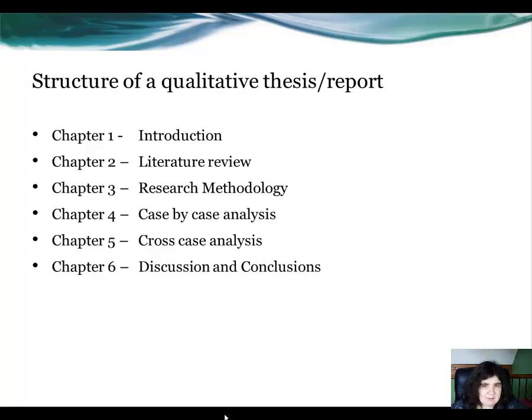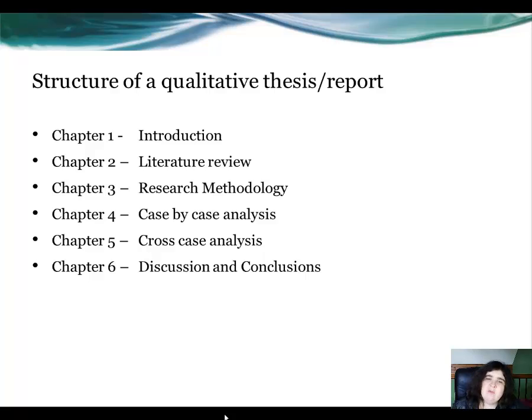You have a literature review. You explain the methodology adopted, going back to the previous slide, showing the identification of the site or location or the subjects, and explaining the qualitative approach that you took, be it ethnographic, discourse analysis, focus groups, qualitative interviewing, or documentary analysis.